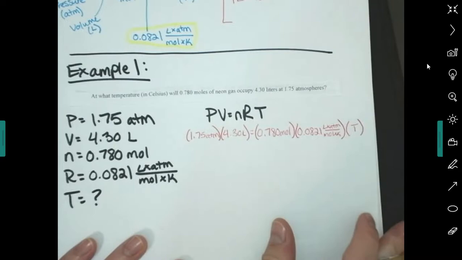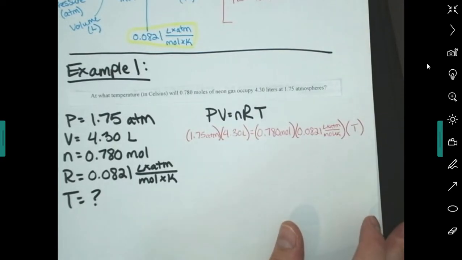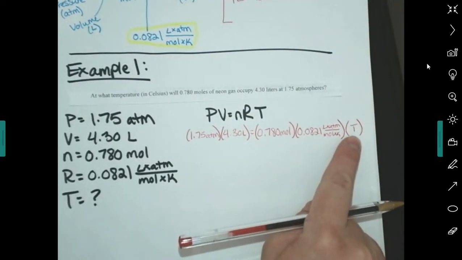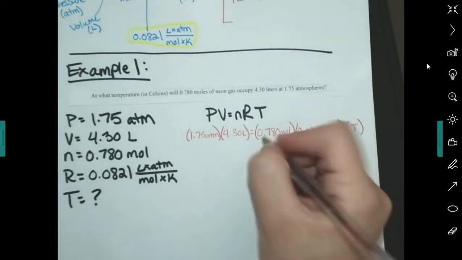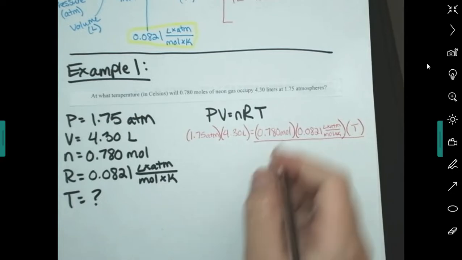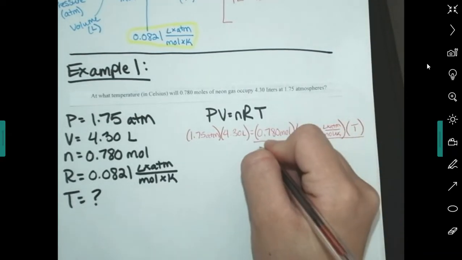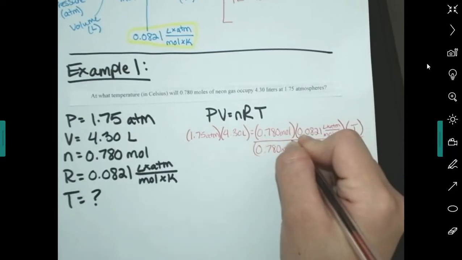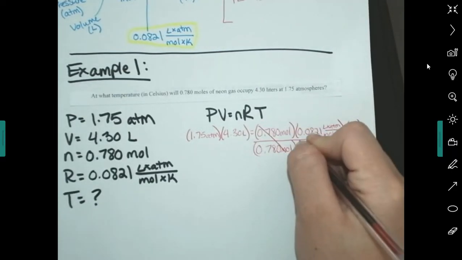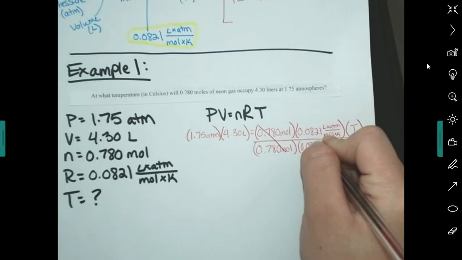That's my unknown variable. So now we need to isolate that variable. Since these are all being multiplied by each other, we're going to do the opposite of multiplication, which is division. So let's divide by the things next to the variable so that they cancel out. Divide by this one so it'll cancel. Same thing here.